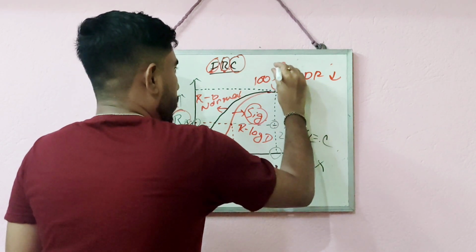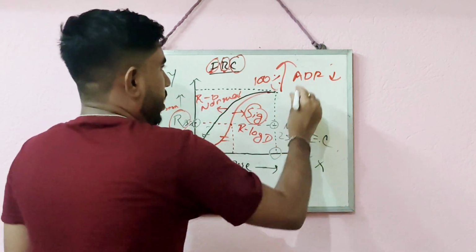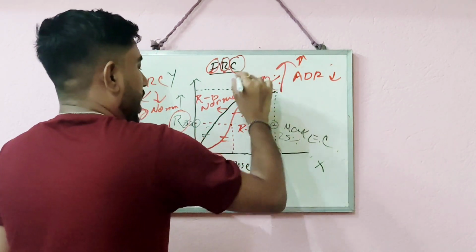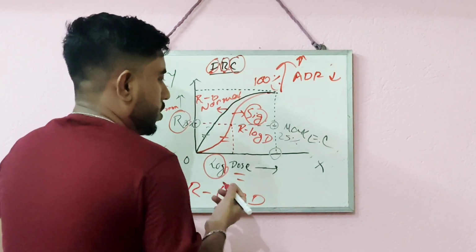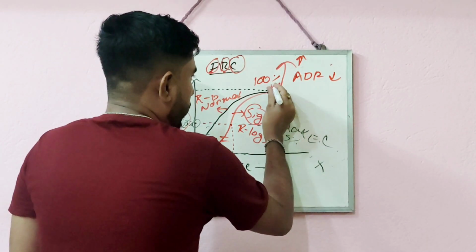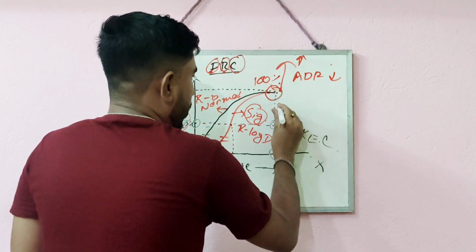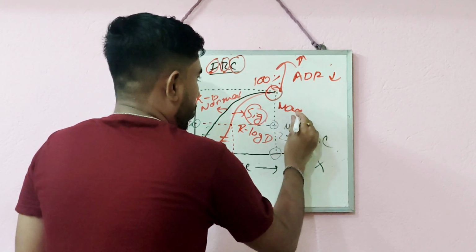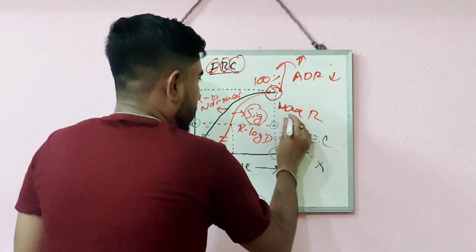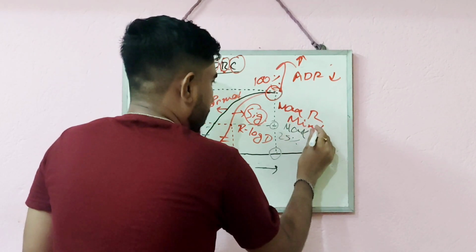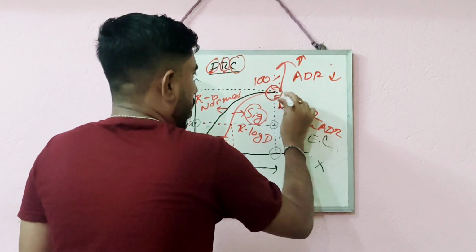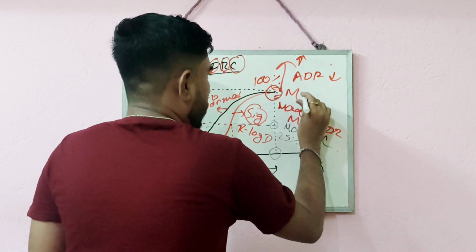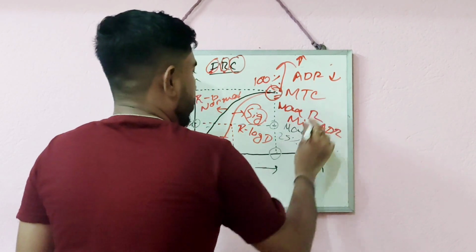Above that value or dose, ADR starts to increase, showing side effects, and the effective or desired effect shows less. So it is the point where the drug is showing maximum response and minimum adverse drug reaction. That point is called the minimum toxic concentration.